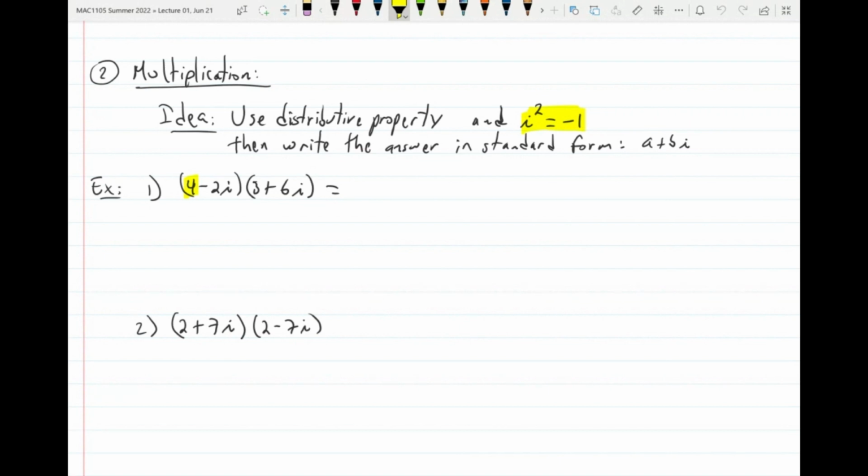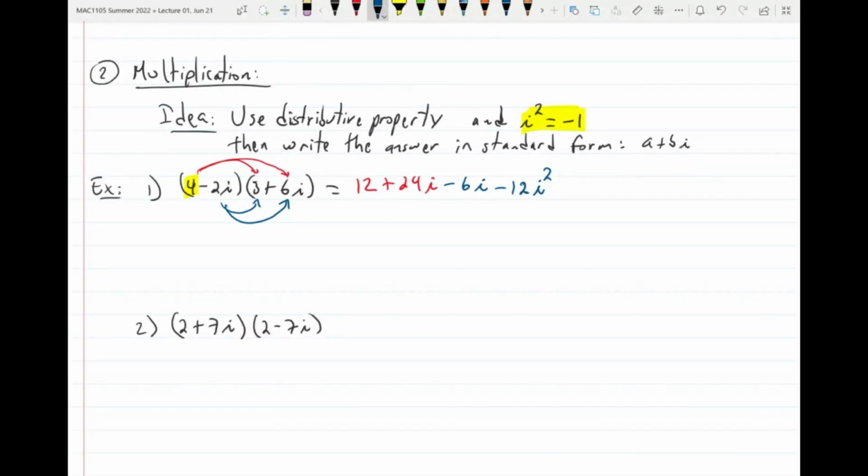And then you combine. So you distribute the 4. We get 4 times 3, that's 12, plus 24i. And go to the next one and repeat. Negative 2i times 3 is negative 6i. Negative 2i times 6i is going to be negative 12i squared. Now no more parentheses, we just combine like terms.